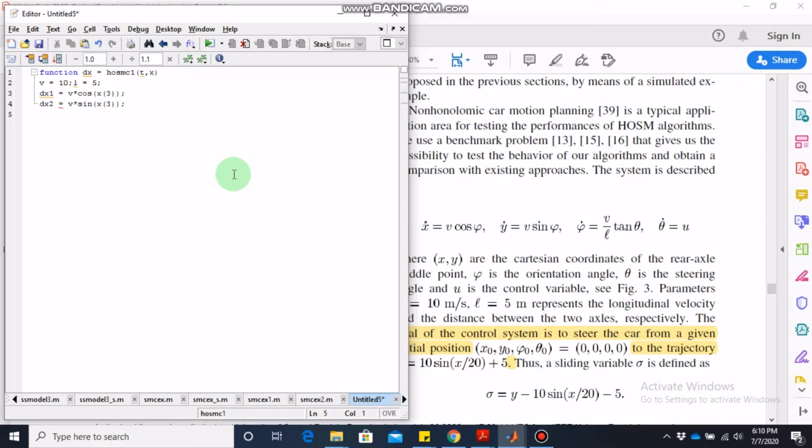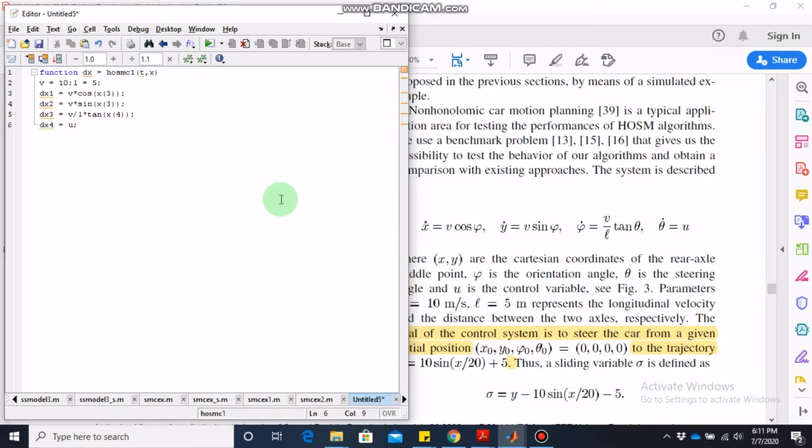Similarly, the third derivative phi dot is dx3 for us, and that is equal to v divided by L times tangent of theta, which is x4 for our case. So theta is our fourth state variable. So we have defined, and finally theta dot is equal to u, so dx4 is equal to u in our case.